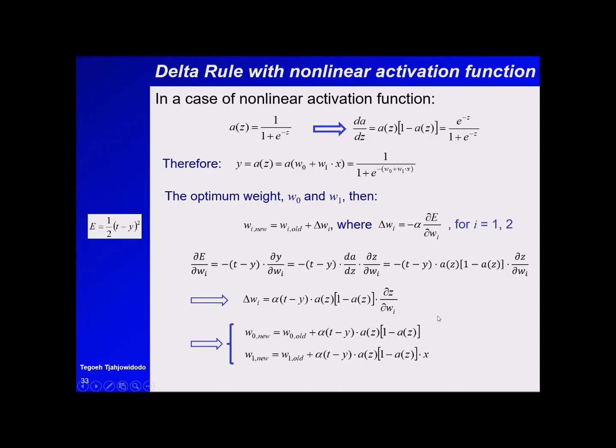And of course, if you want to update w0, then you just simply use the old w0 plus all of these terms times the input of the bias, where the input of the bias will be equal to 1 here. If you want to update w1, it will be just simply the old w1 plus these terms times the input of w1, which is x in our case of a single input simple net in here.